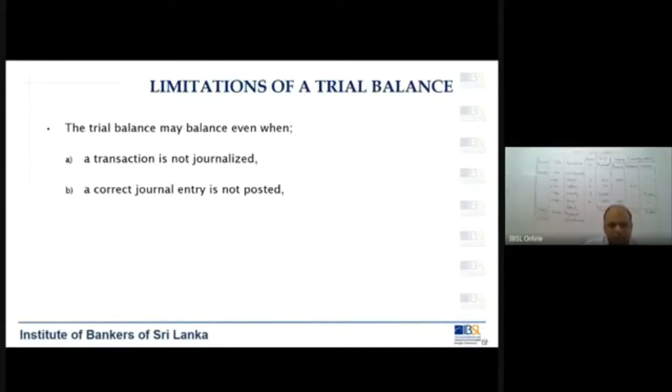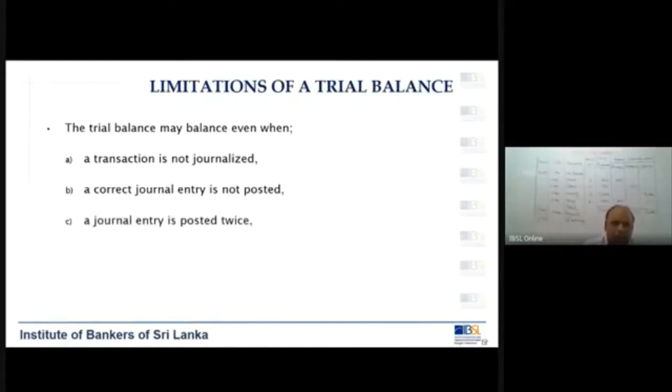Now this money and the slip is lying somewhere where it is not accounted at all. So if you have not accounted it in your transactions, when you extract the trial balance, still the trial balance will balance. Why? This cash transaction has not been recorded. It will not have any impact on the trial balance.